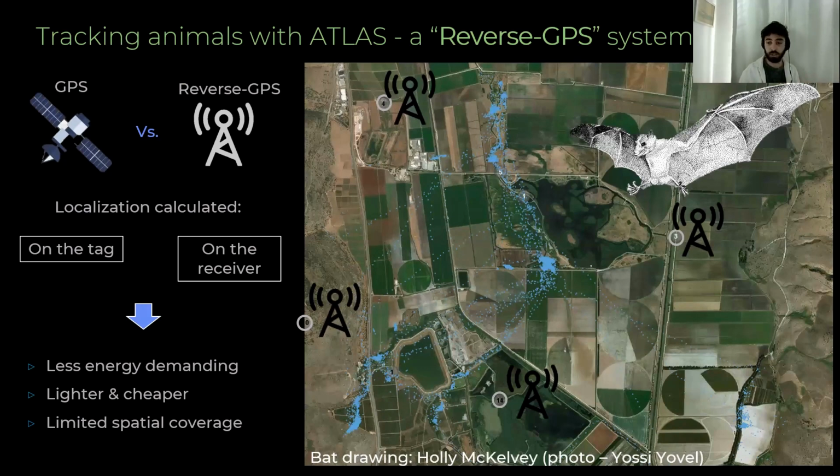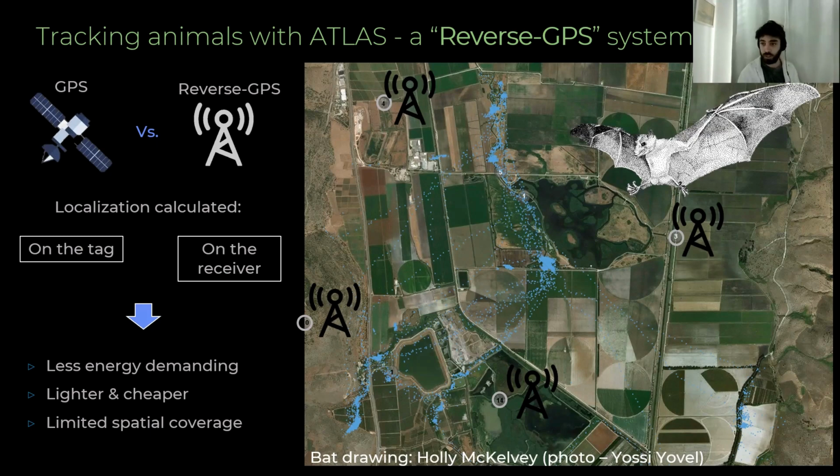The main benefit of this is that the localization, each point here on the map, is actually calculated on the receiver side, on the antenna side, and not on the tag itself, as it is with GPS. What this allows is that the tag is less energy demanding, because it doesn't have to do all this complex calculation on its own. It's much lighter and cheaper owing to that.